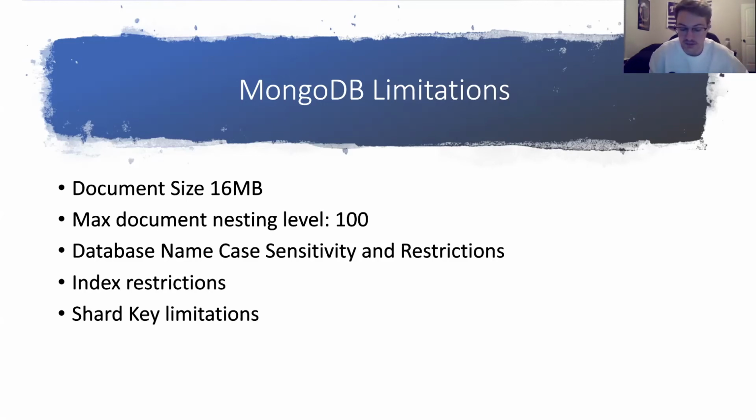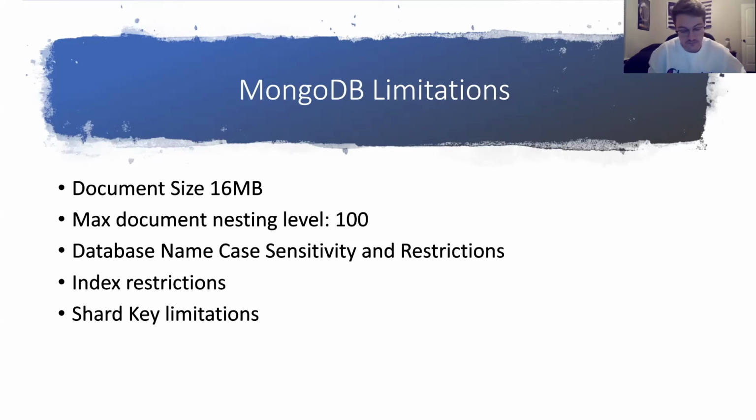The next limit, the maximum document nesting level, is 100. So MongoDB supports no more than 100 levels of nesting for documents. The next limitation is the database name case sensitivity and restrictions. Since database names are case insensitive in MongoDB, database names cannot differ by only the case of a character.